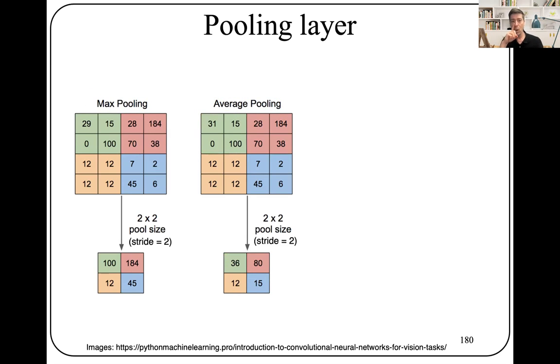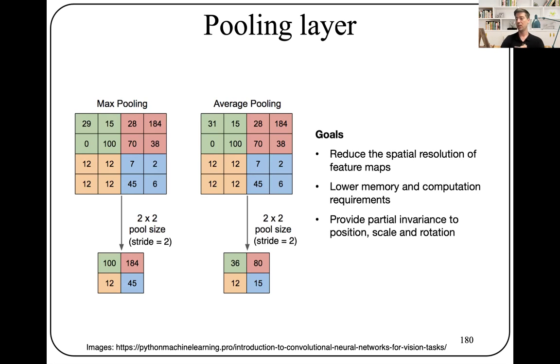All right, so why do we use pooling? As I said, pooling is necessary in classification networks because we basically need to reduce the size in order to get a single value at the end. But there are other reasons to do it. One reason is because we want to lower the memory and computation requirements.